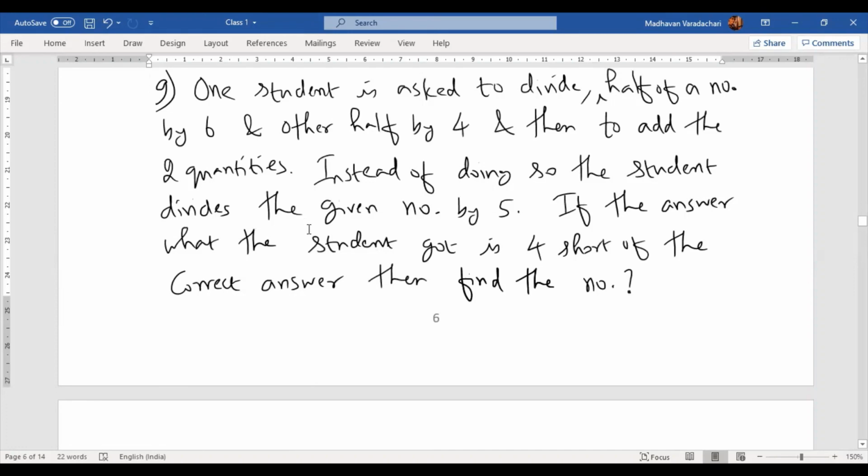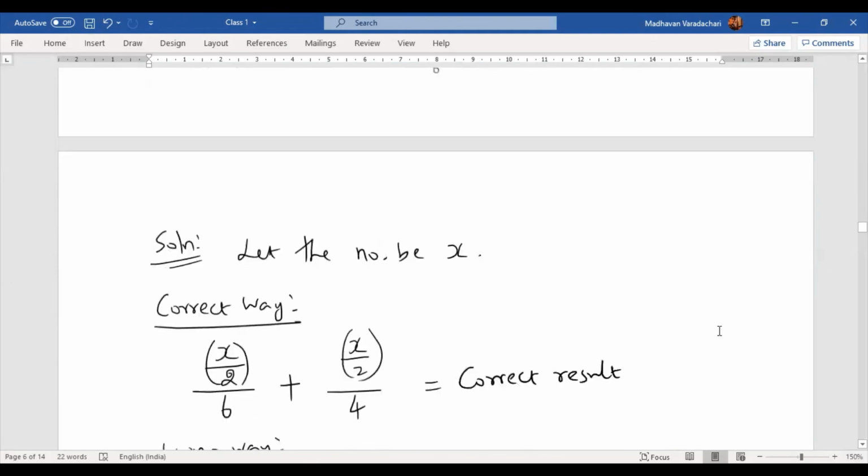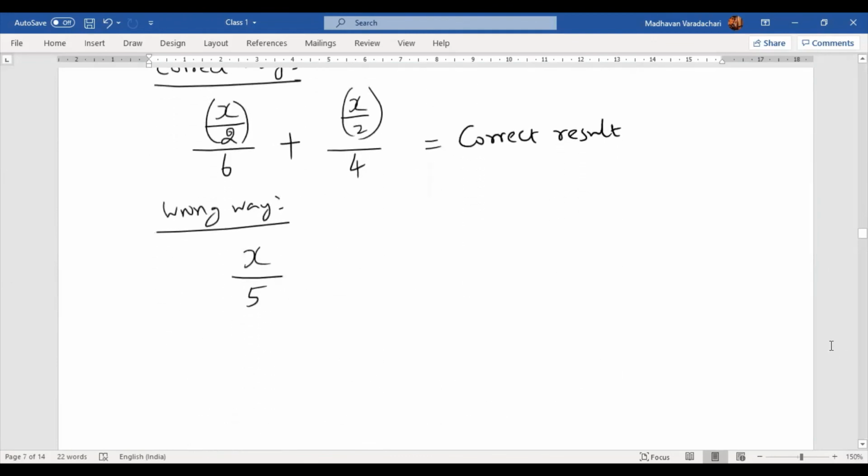If the answer the student got is 4 short of the correct answer, it means whatever answer the student got, which is x by 5, is 4 short. If I add 4 to it, I will get the correct result.